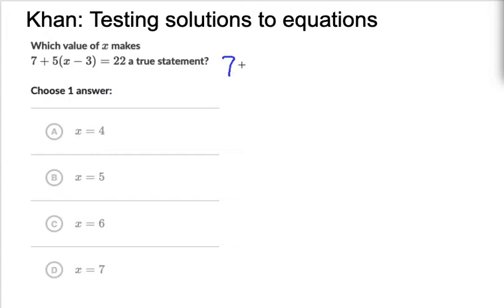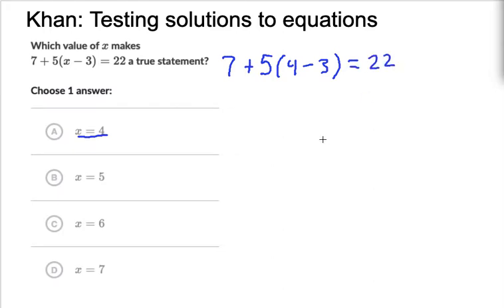We have 7 plus, and I'm going to substitute in our 4 for our first one. So where x equals 4, we have 7 plus 5 times, and instead of x, I'm going to put 4 minus 3. Close our parentheses, and does that equal 22?